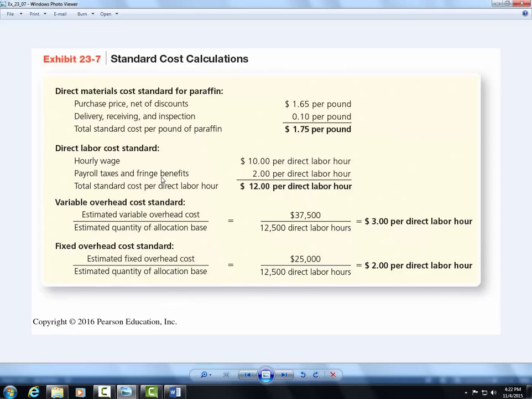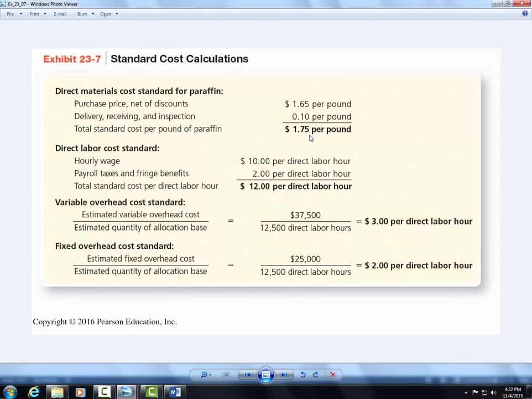So this is giving you an example of the standard cost calculations for your direct materials and direct labor. How much is it going to cost to produce one batch of crayons? Well, we have our purchase price net of discounts. So this is how much we pay per pound of wax. And then we also have some delivery fees. So our standard cost, we expect to pay per pound under normal conditions is $1.75.